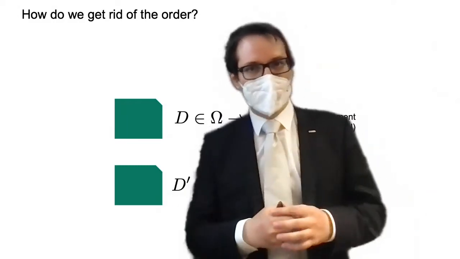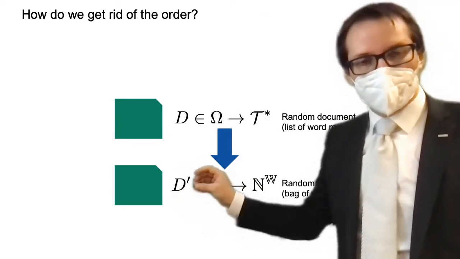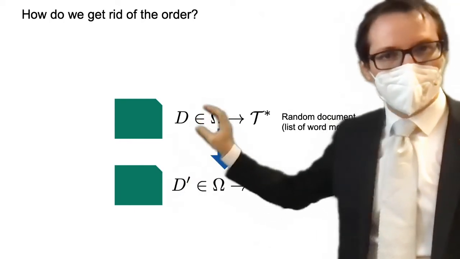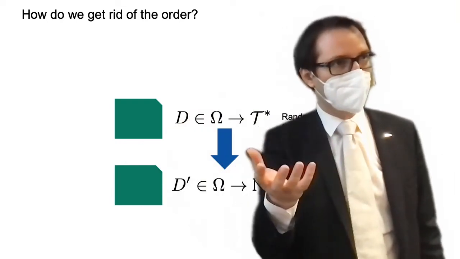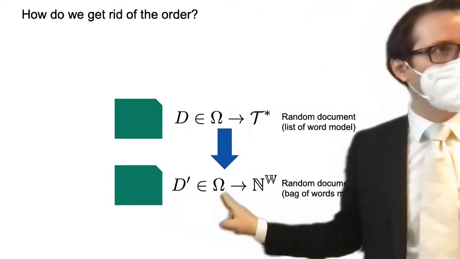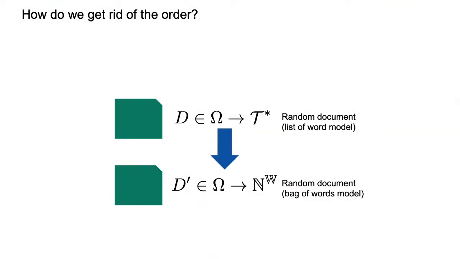You basically put together all of the documents that have the same term occurrences, but maybe in different orders. They will all correspond to the same outcome in the bag of words model. For example, if I give you a document with foo bar foo, and bar foo foo, these are 3 different documents in the list of words model, but they are the same in the bag of words model because this is twice foo and once bar.